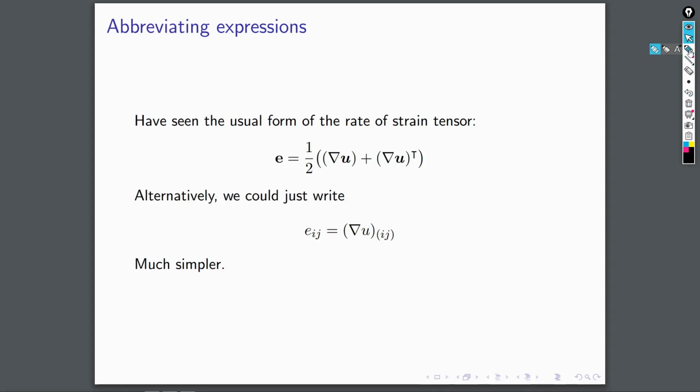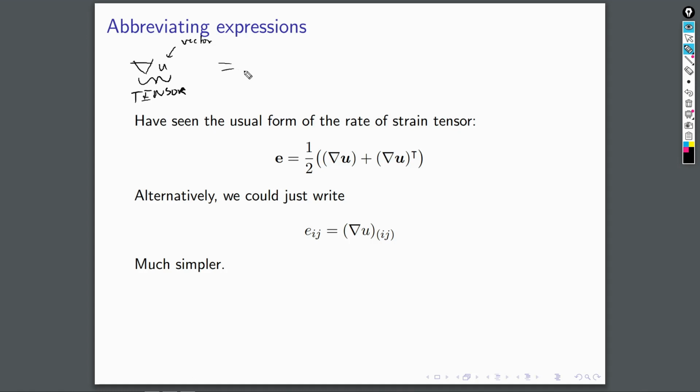We were able to take this velocity gradient, which is a tensor because u is a vector, and a vector is a tensor, and the covariant derivative of a tensor is a tensor.